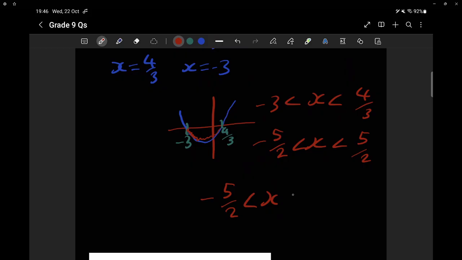Sorry, and then is less than 4/3, because 4/3 is smaller than 5/2. When I say smaller, I mean closer to 0. Okay, so that is going to be our final inequality. We want to pick that range of which our x values are the smallest. Not the largest, but the smallest.